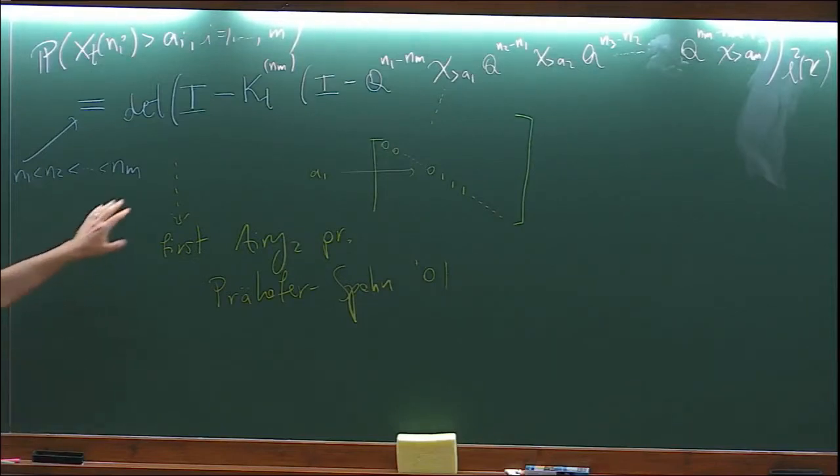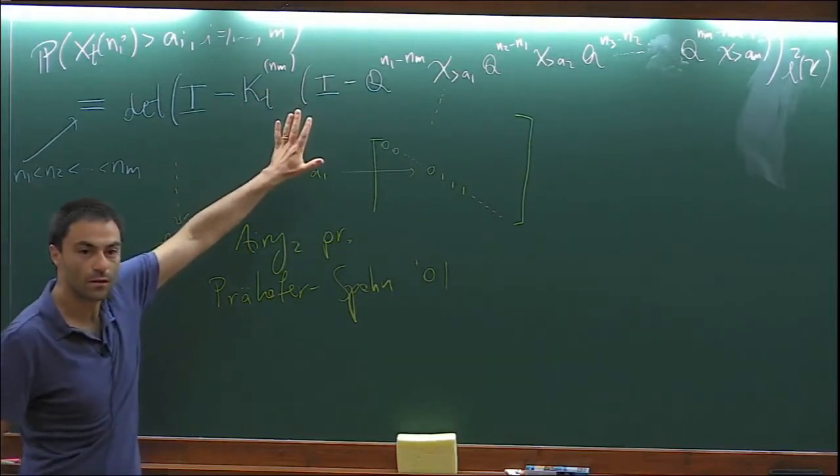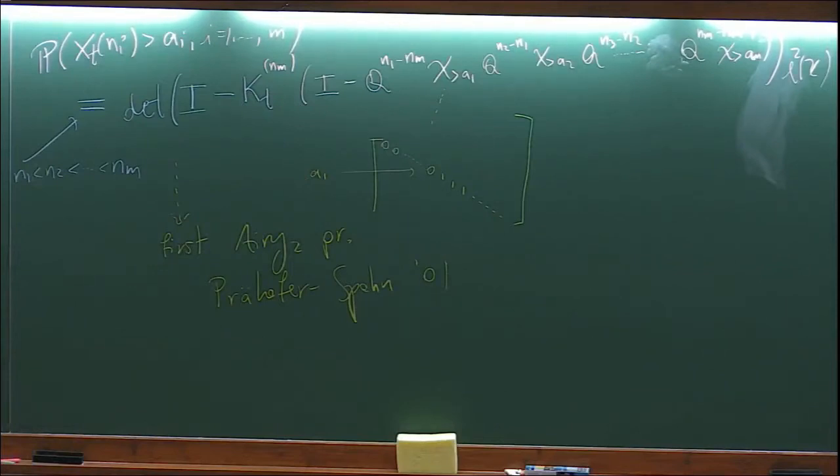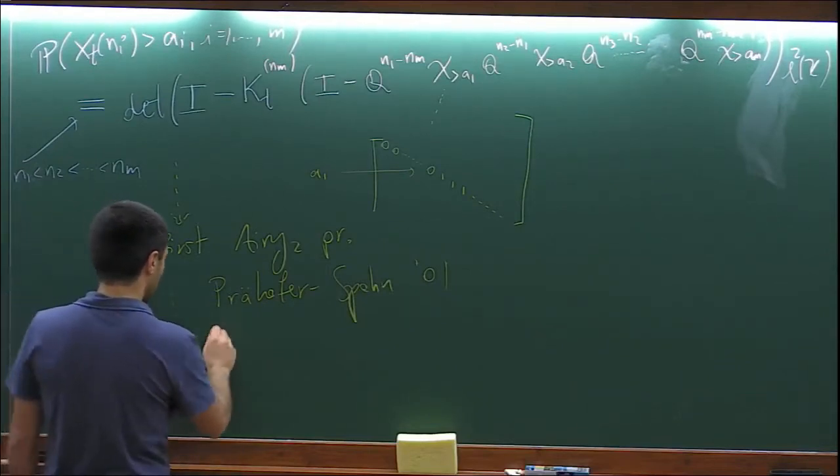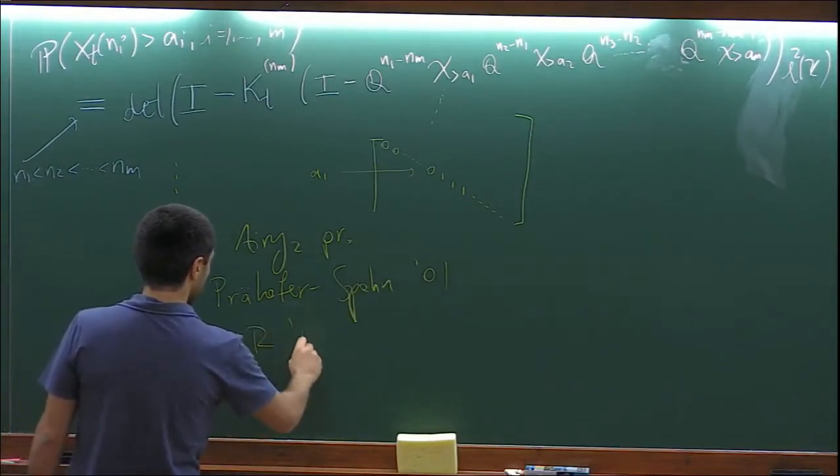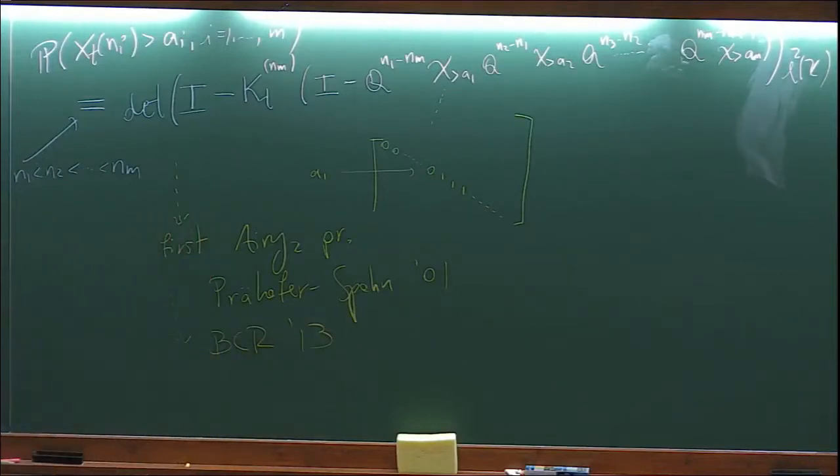They first got an analogous formula, not this one, and then they turned it into something like this, which looked better if you come from random matrix theory. And then it was realized, in a paper of Borodin, Corwin, and myself in 2013, that this way of going from something like this to something like that and backwards was much more general. So actually it holds for a very general class of processes.